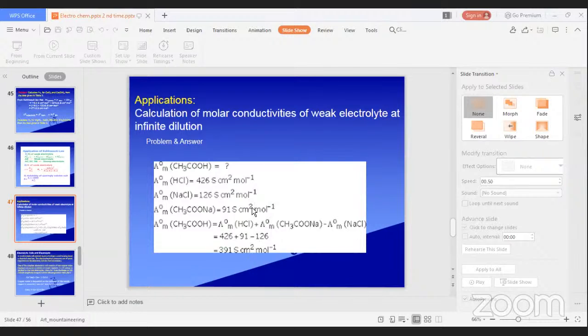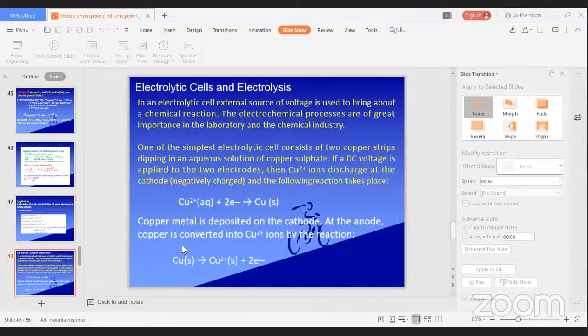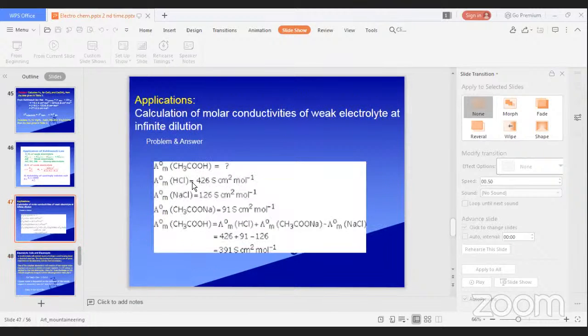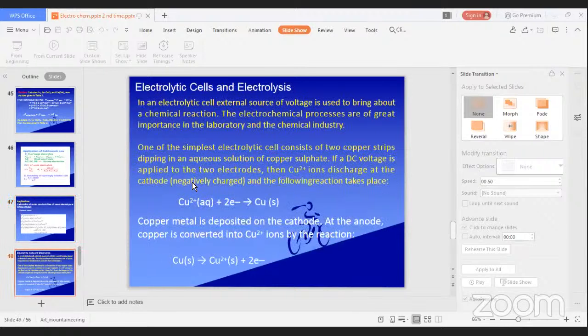And minus of NaCl is given as 126. So by substituting these three values, we get acetic acid as 391 Siemens centimeter square mole inverse. This is the limiting molar conductivity of the weak electrolyte, acetic acid. This is one of the major applications of the Kohlrausch law.